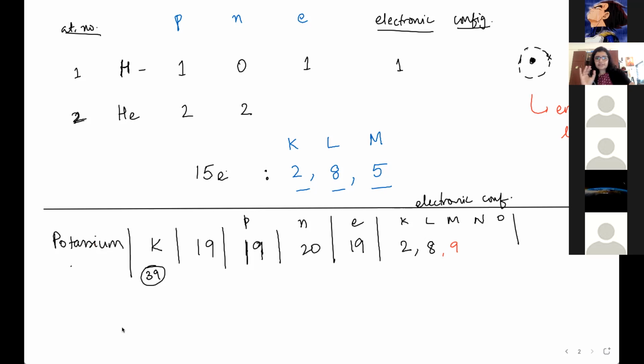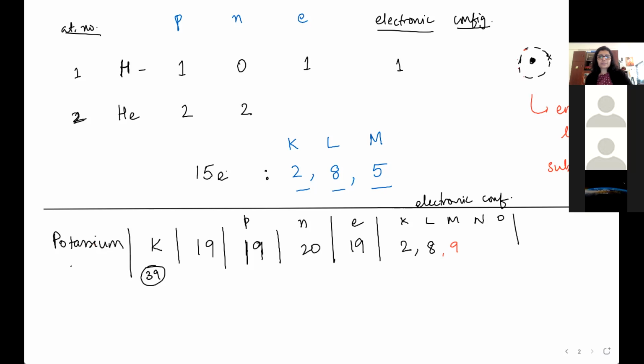Different families live in different houses, and each house has different rooms, like 2 bedrooms or 3 bedrooms. All these rooms put together make up a whole house. Just like that, these energy levels are made up of subshells.